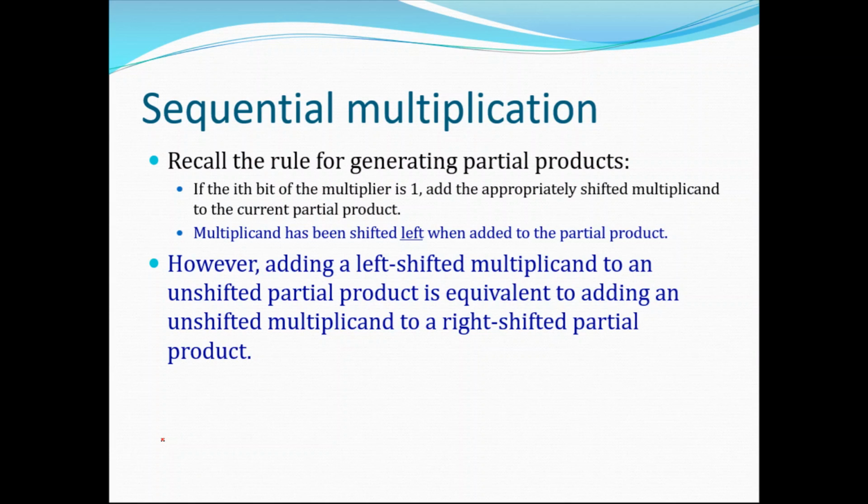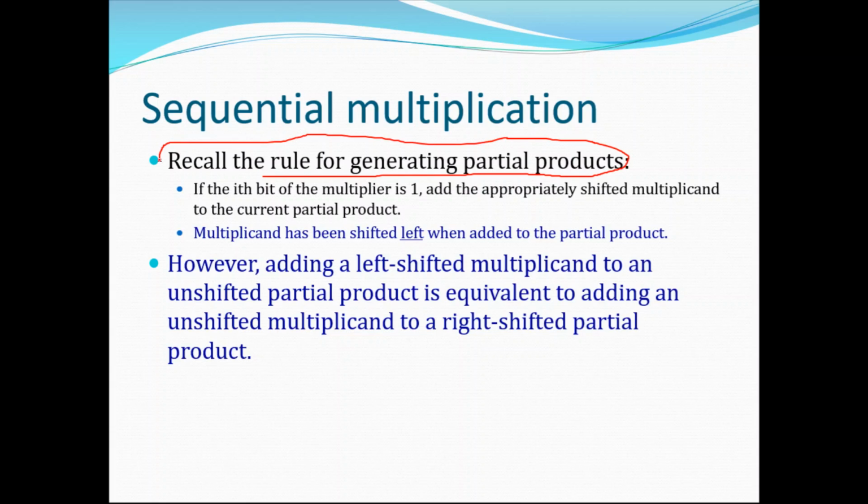Okay, right? So in this technique, from the previous technique, we are going to infer some wisdom. It's really a wisdom. You can see here. So recall the rule for generating the partial products. What is the rule for generating partial product?